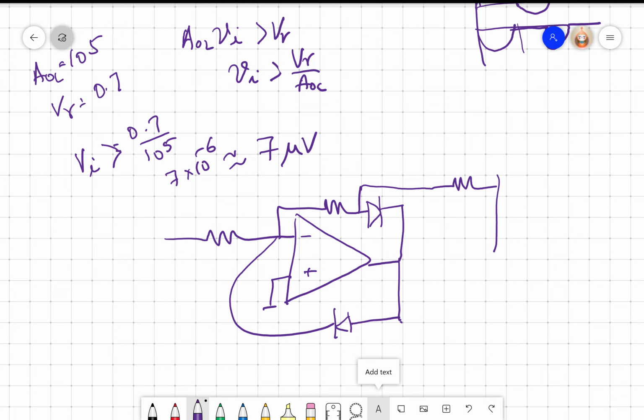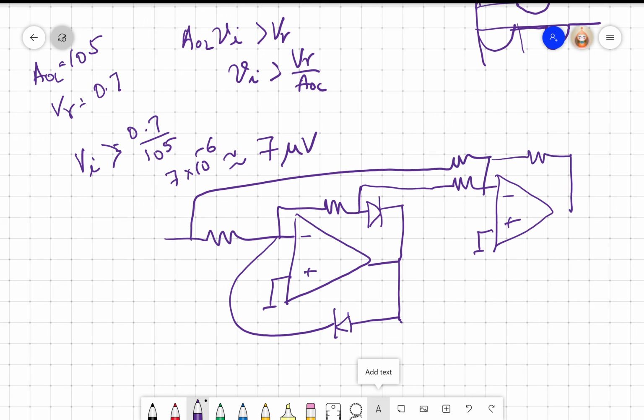I put one more op amp. I take the same input and I get the output. So this is R, this is R, this is R, this is R, this is my input Vi. Again, it's a sine wave, right? And we'll see this is R by 2.